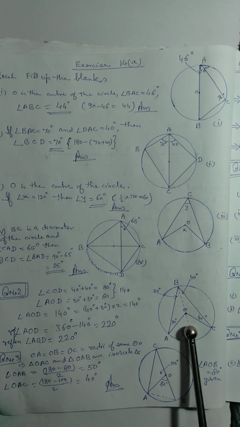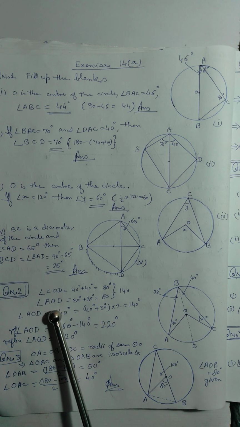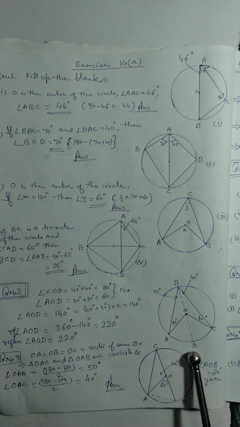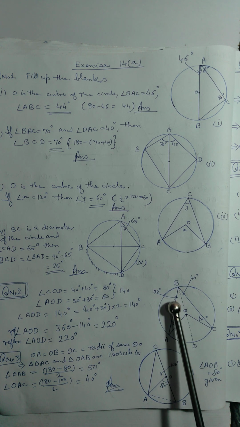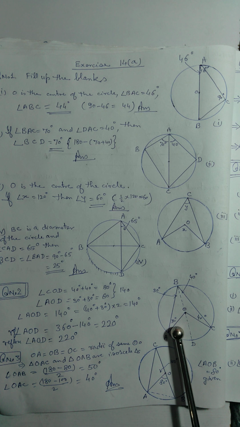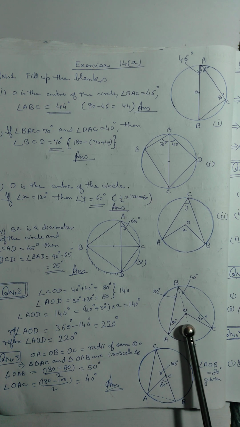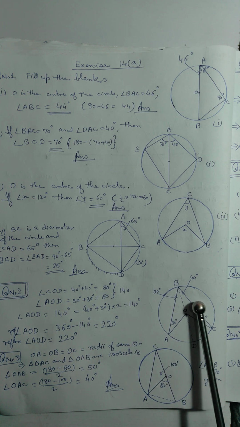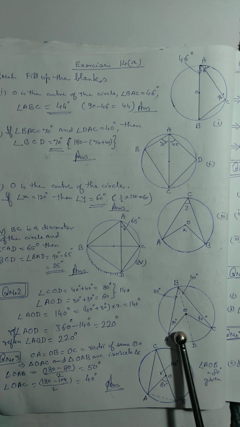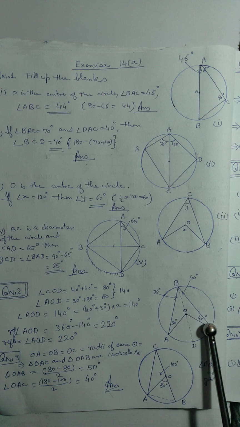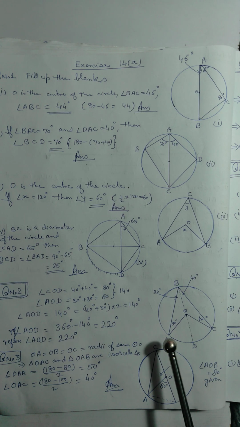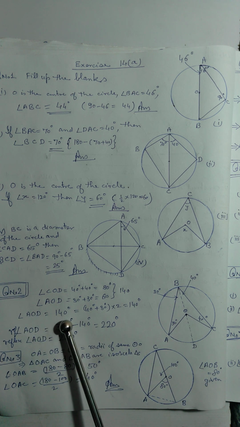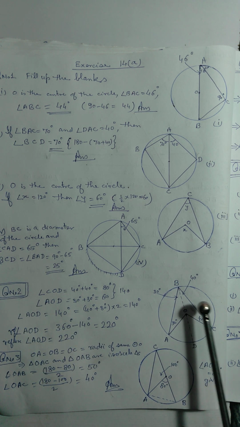And AOD will also be the sum of these two angles, that is 30 plus 30, that is 60. 60 and 80, add them, you get 140. So AOD will be equal to 140 degrees.